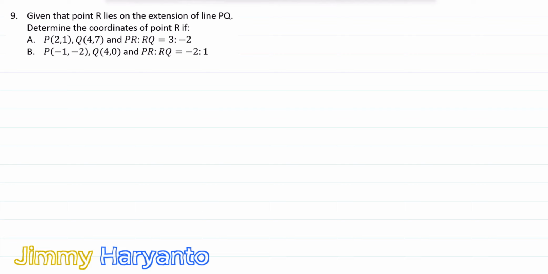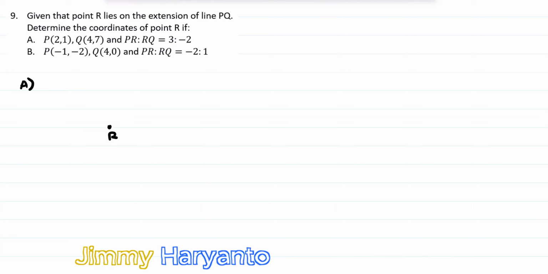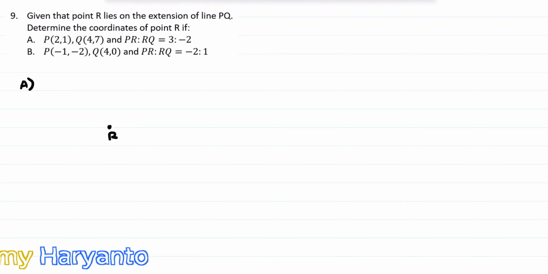Then question 9. For question 9, let's draw it a little bit. This time the point R lies on the extension of the line PQ. The question says PR to RQ equals 3 to negative 2. Negative means the opposite direction. So I guess the R will be right here, on the extension.